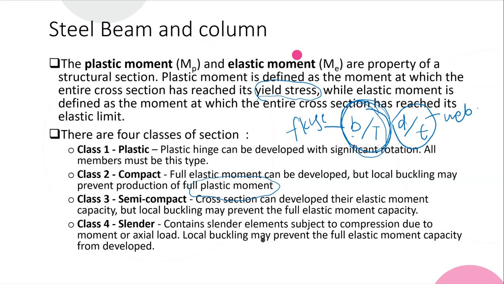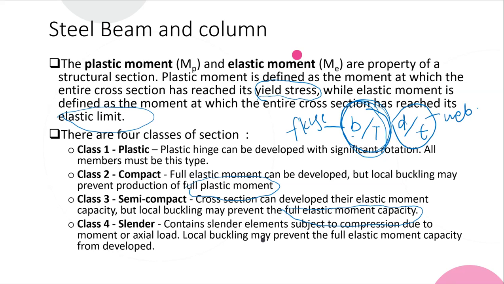Okay, and then semi compact, cross section can develop their elastic moment capacity, but local buckling may prevent full elastic moment capacity. Okay, cross section boleh develop elastic moment capacity tapi tak sampai full. Maksudnya it will not reach its elastic limit. Okay, maksudnya the entire cross section tu mungkin tak dapat reach its elastic limit.